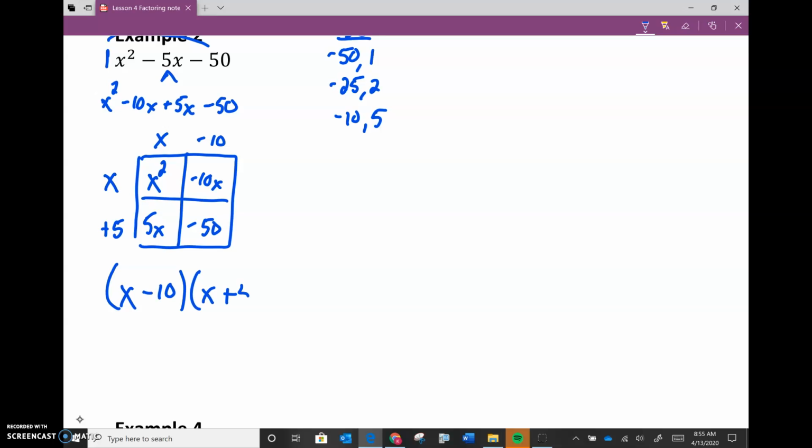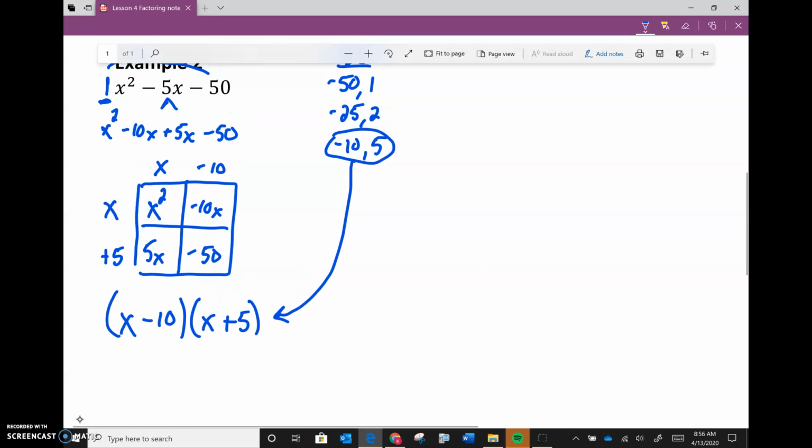Now, I showed you the box method on this one. Okay, but when a is 1, we don't necessarily have to go through this whole process of using the box method. Once you find your factors of negative 50, which we did, that add to negative 5, notice those two numbers are in my factored form, x minus 10, x plus 5.